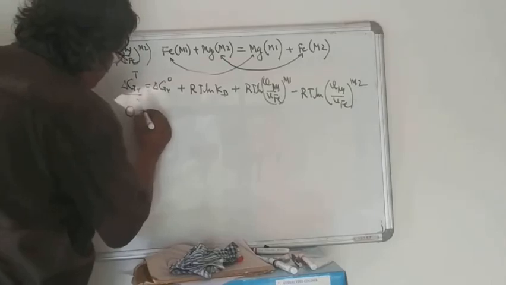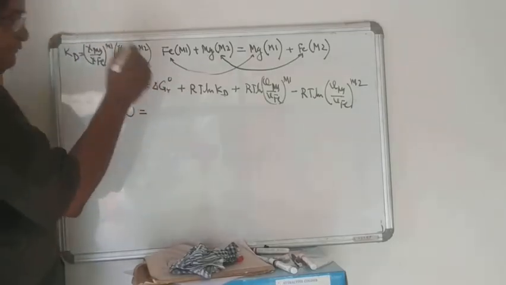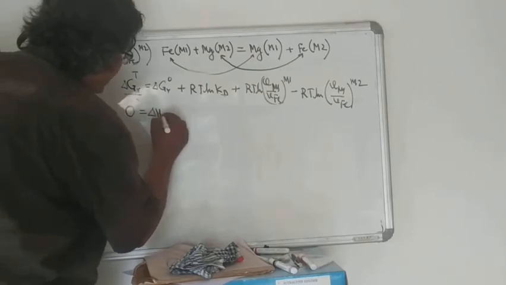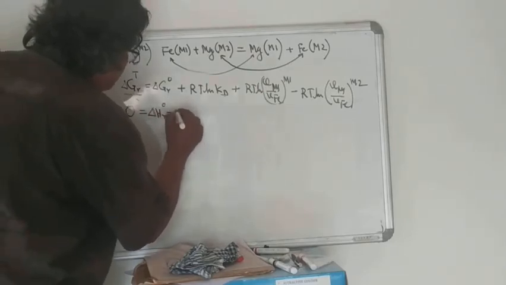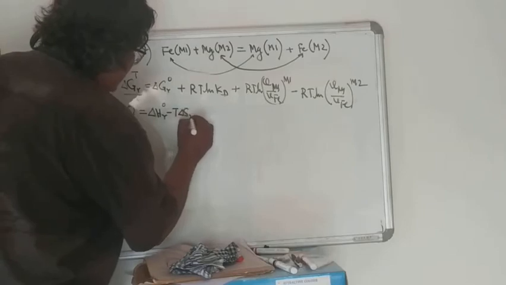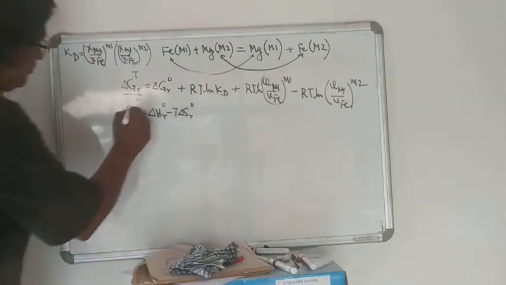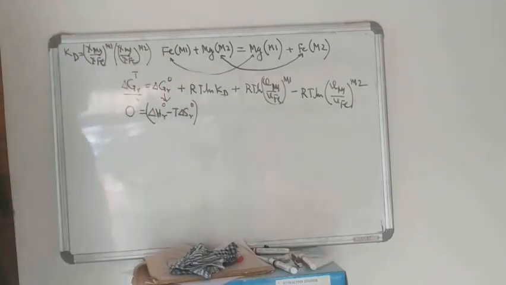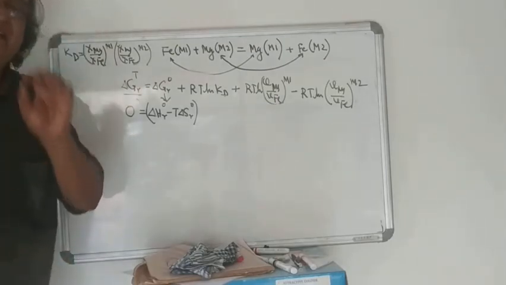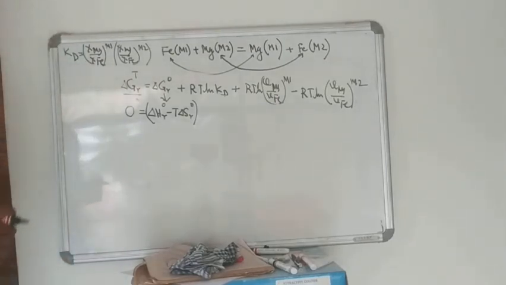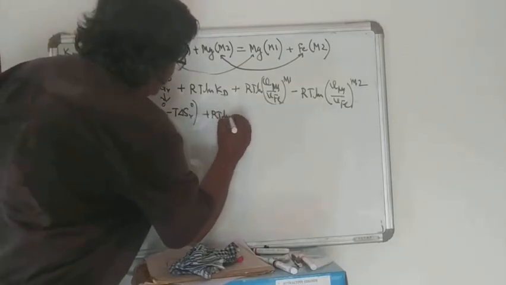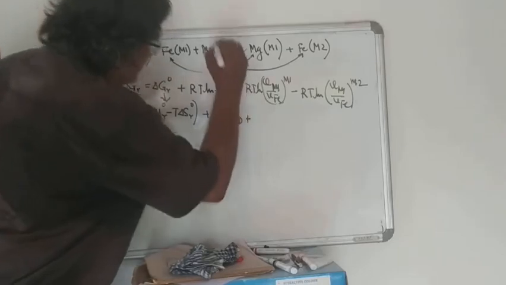And this term, delta GR, if you omit P delta VR, then this term becomes delta HR0 minus T into delta SR0. We have not taken the P delta VR0 term because that term we have neglected because the pressure is very low. Then the term plus RT ln KD plus.